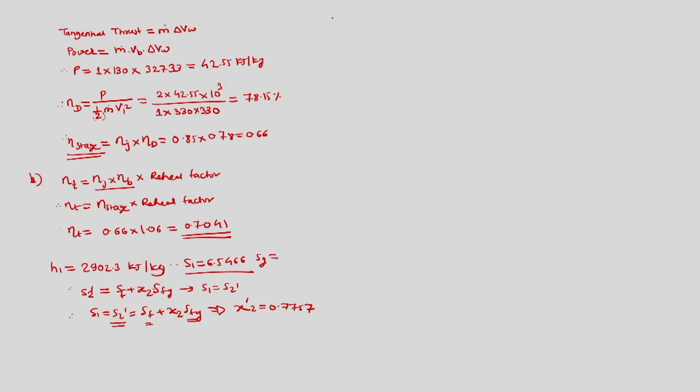Knowing this, we can find out the ideal enthalpy H2 dash at the exit of the nozzle, so the rest of the enthalpy is converted into kinetic energy. So this is the available enthalpy with the flow.